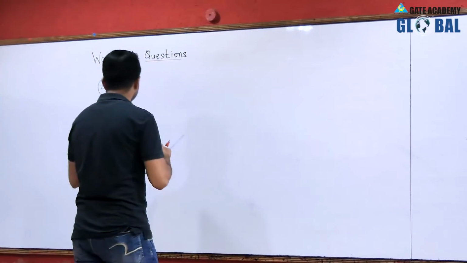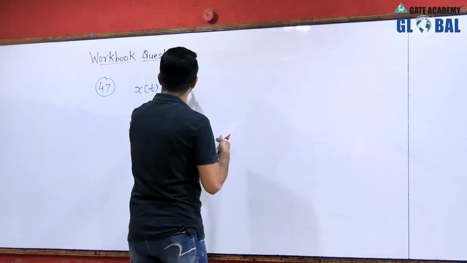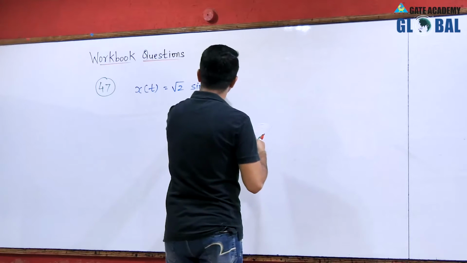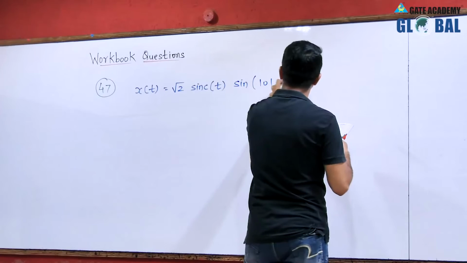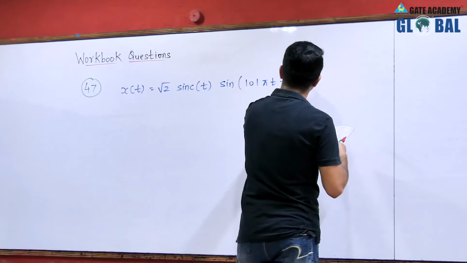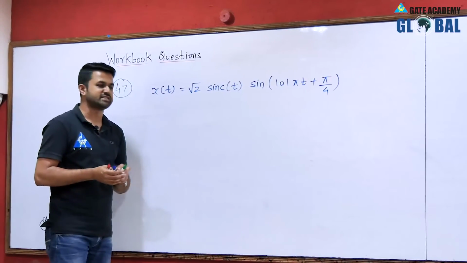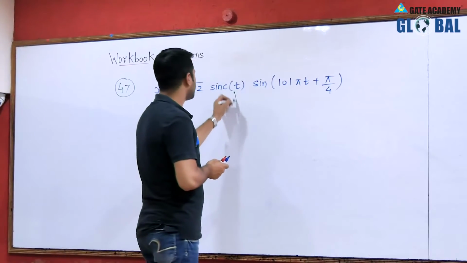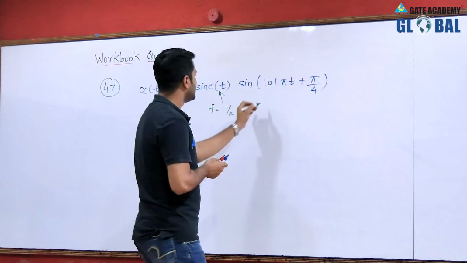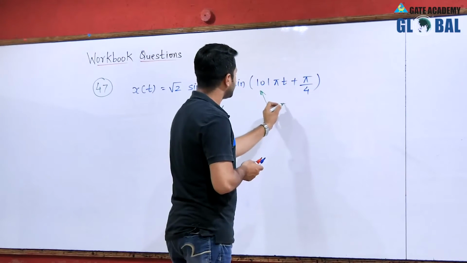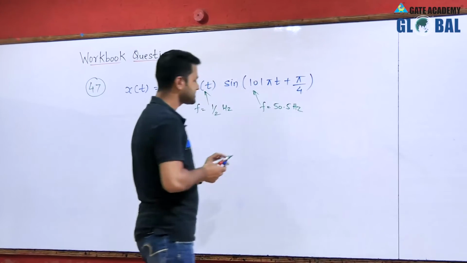Okay, so x of t is given as root 2 sinc t sin (101 pi t plus pi by 4). Now here we have center frequency 50 Hz. If I calculate the frequency from these two terms, we get 1 by 2 Hz from here, and 50.5 Hz from here, and our center frequency is 50.